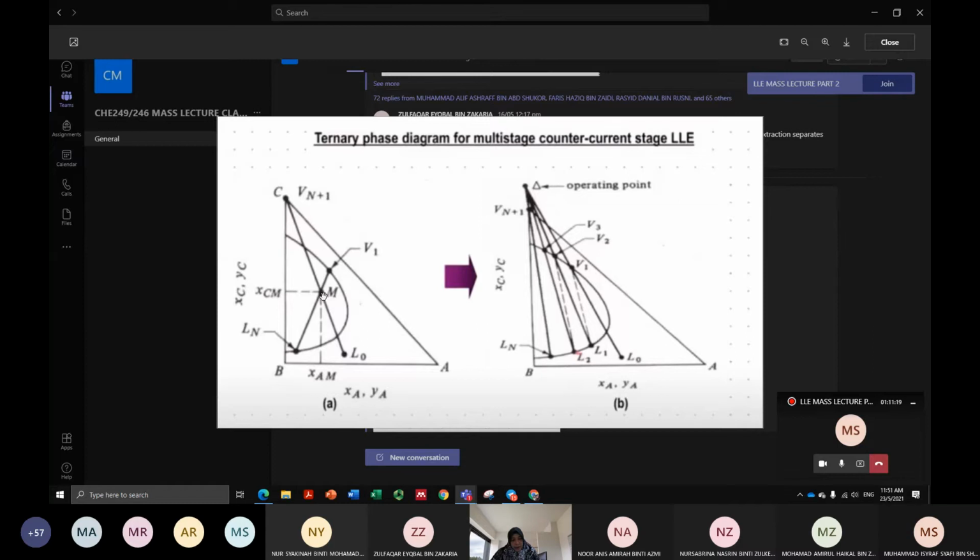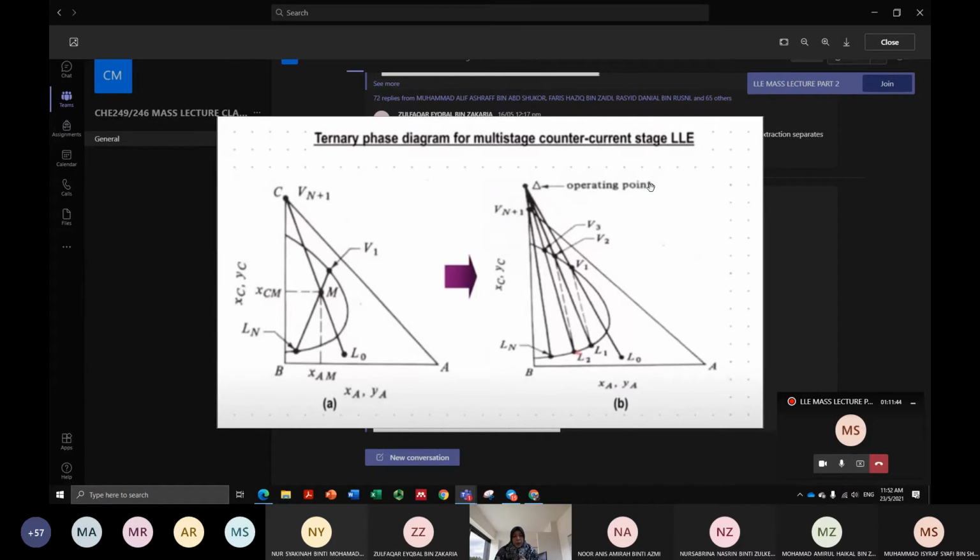So you need this information to get your point N. Now, once you have 2 straight lines produced, it is time to draw the lines where you can get the operating point.